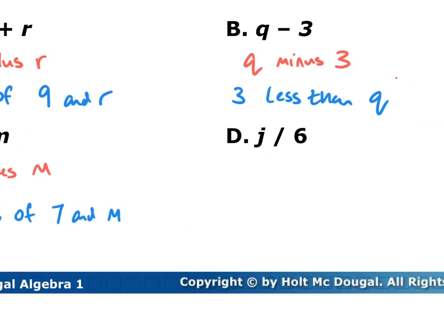All right. And then the last one here for D, you could have J divided by 6. Or you could say the quotient of J and 6.